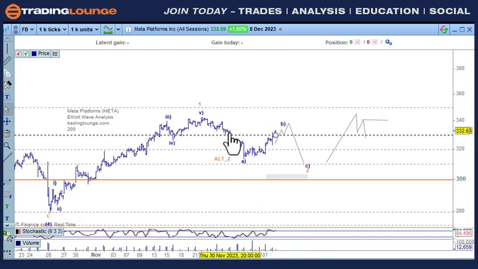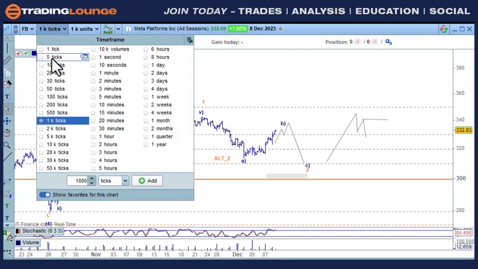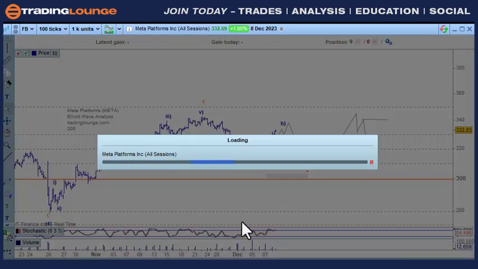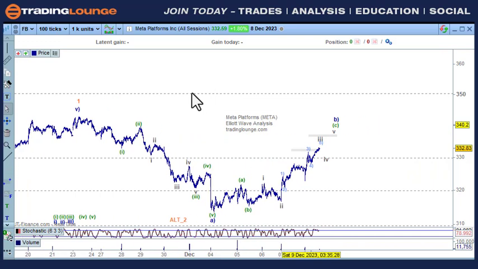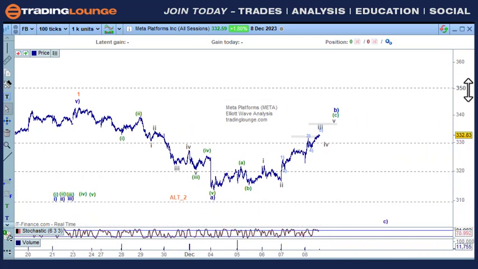For this to pull back this deep here as a wave 4 to go to a wave 5 up here, to put wave 1 over here or something like that, it's a little bit much. It's pulled back down past the 40%. So it's better off seen as an A and a B and a C wave here. So on the 1000 ticks to 100 ticks, we're counting it up as a B wave.